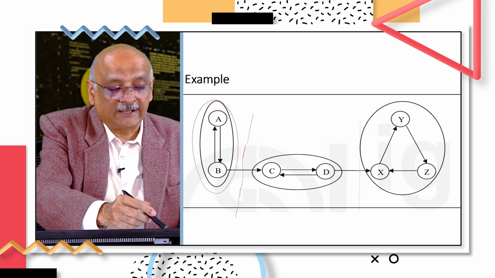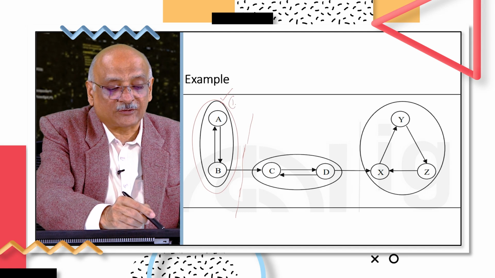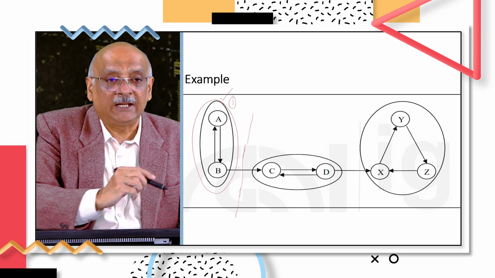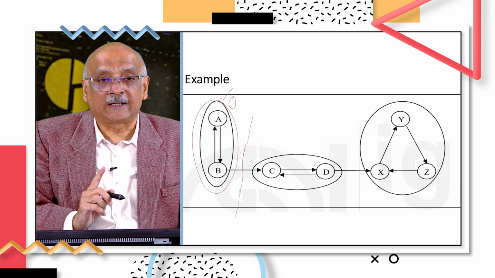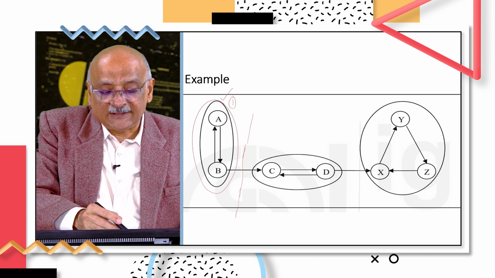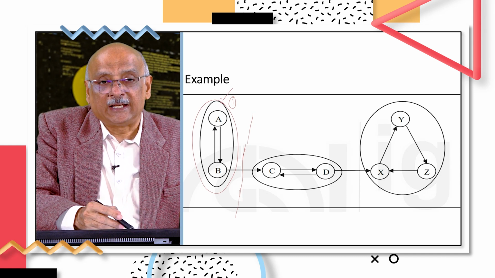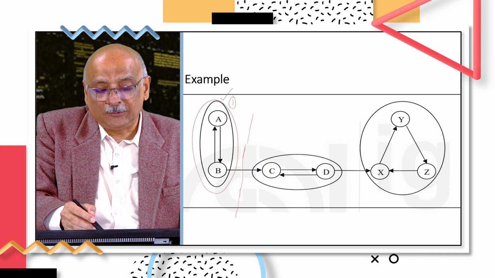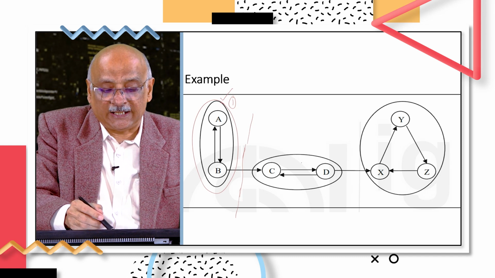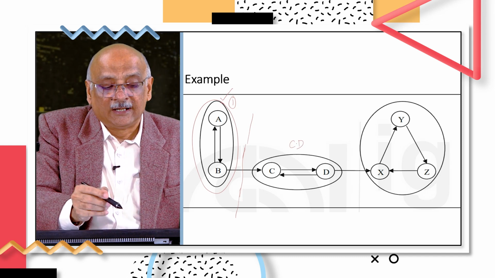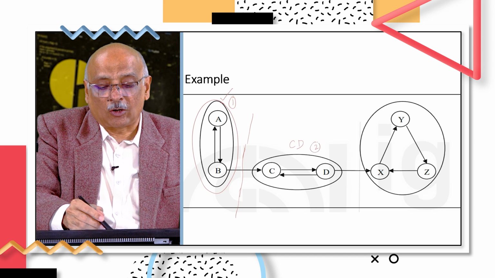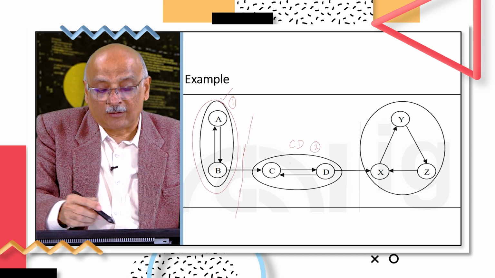So, AB forms the first strongly connected component. Similarly, C to D and D to C, we have a path from C to D as well as from D to C. So, CD forms the second strongly connected component.